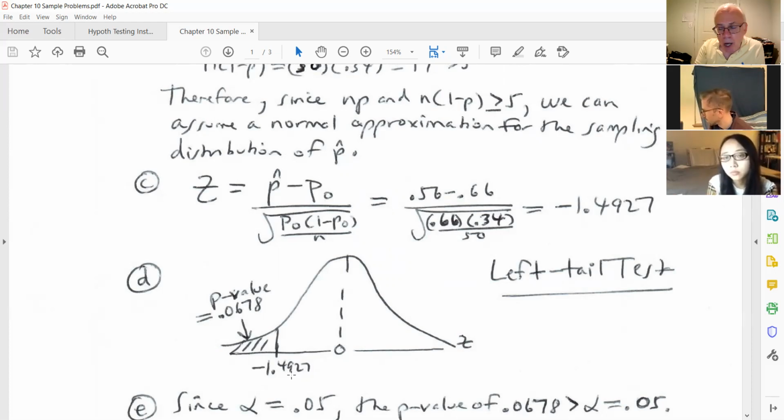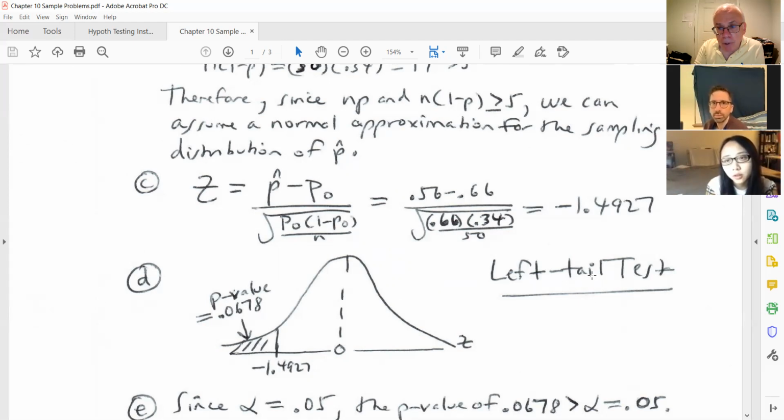And when we use our normal probability, we should get a p-value of 0.0678. You get that? Han, did you get it, or you weren't there yet? No. Can you explain that a bit?